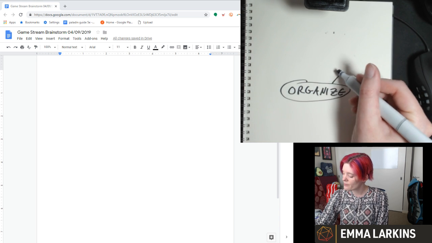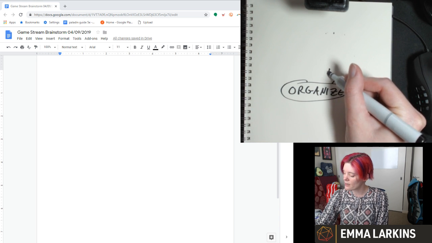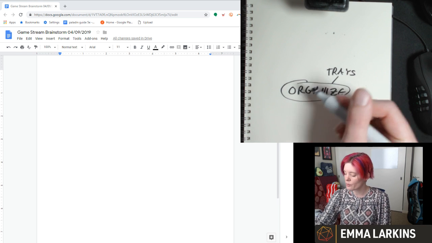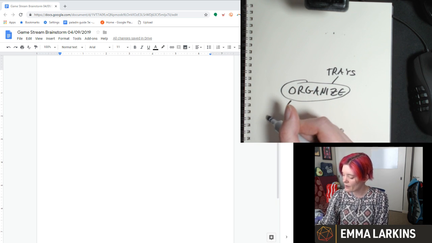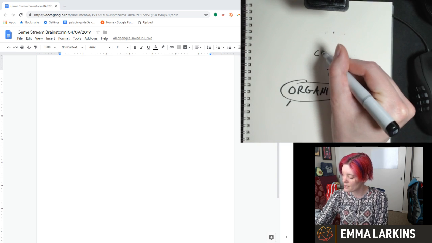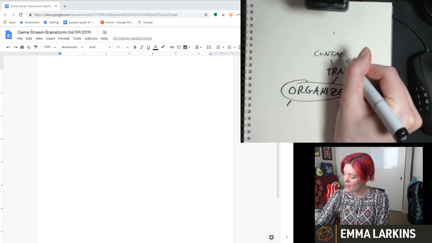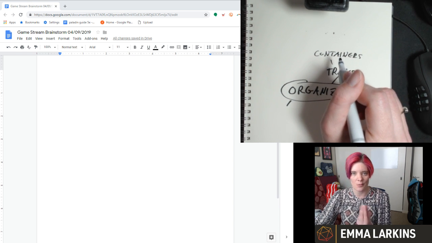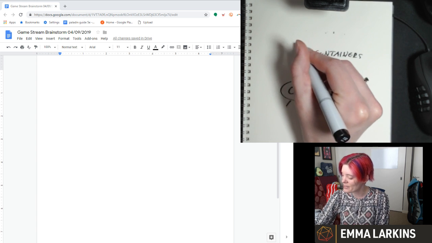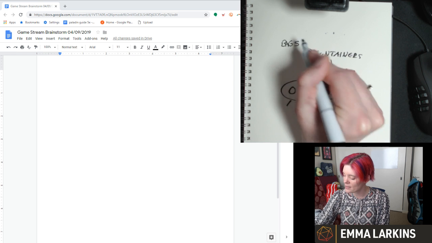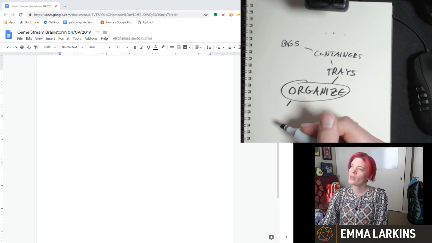So I have these organizing trays that I bought that hold little bits in there. So maybe go here to containers. And this is getting a little bit into the science of board game organization. I got Ziploc bags and put all the little bits in. Bags has an S in it, so I put that in there.